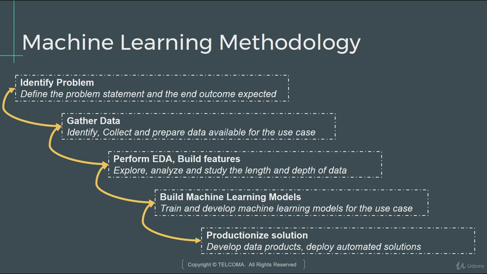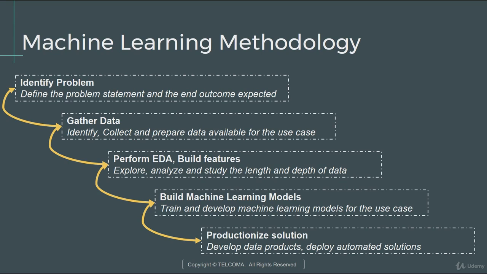Now, productionizing the machine learning solution might actually be building a machine learning feature which goes into a larger data product, or in fact creating an end-to-end machine learning algorithm, which might act as a standalone tool. So these are two different scenarios, and in each scenario, productionizing the solution, or making a solution robust for the future, is what we mean by productionizing the solution.